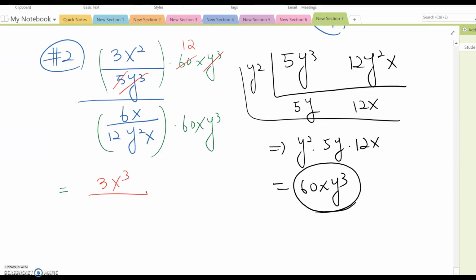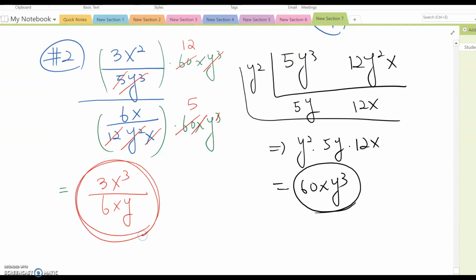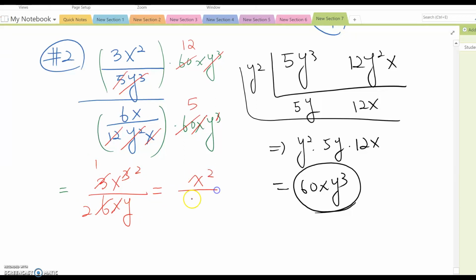For the denominator, 12 and 60 cancel out, and x cancels out, so it becomes 6xy. Now, can we simplify more here? Yes, then we should do it. So this becomes x squared over 2y. That will be our final answer.